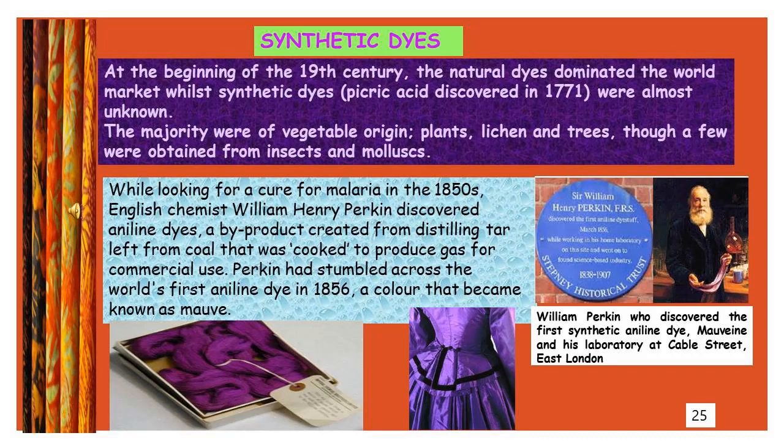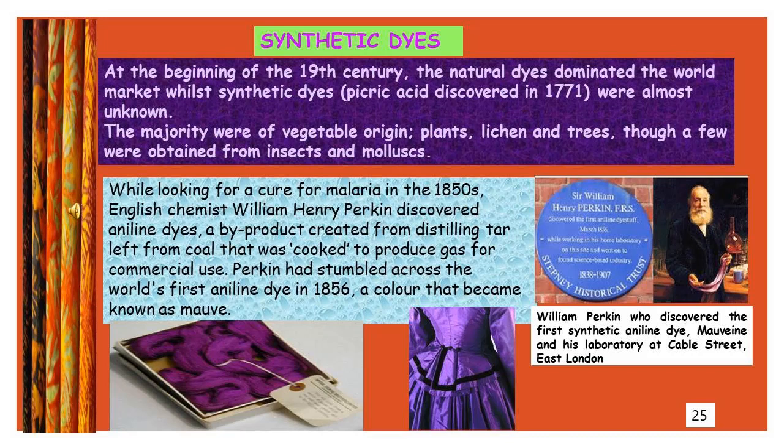While looking for a cure for malaria in the 1850s, English chemist William Henry Perkin discovered aniline dye, a byproduct created from distilling tar left from the coal that was cooked to produce gas for commercial purpose.